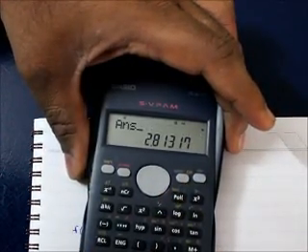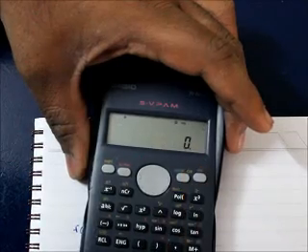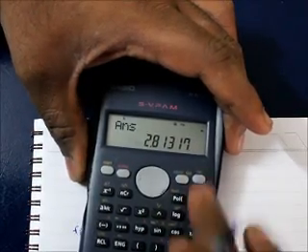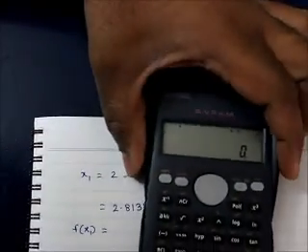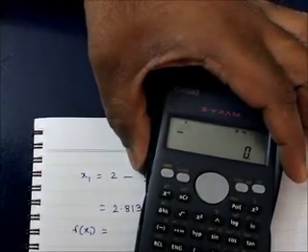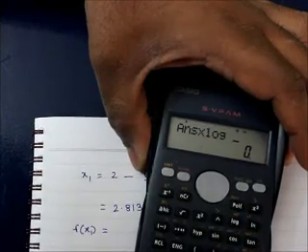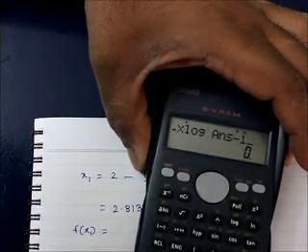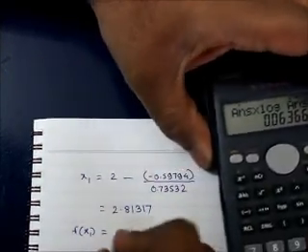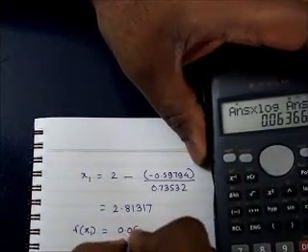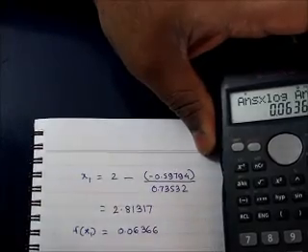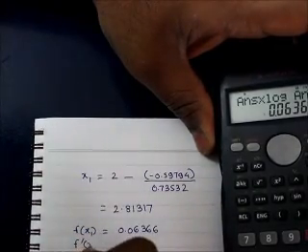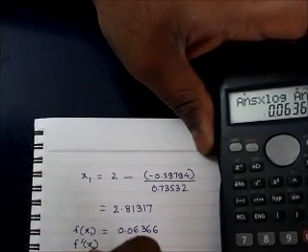That's all right. Now, answer multiplied by log to the base 10 of answer minus 1.2. So x2 is 0.06366. Okay, let's see what f dash of x1 is.